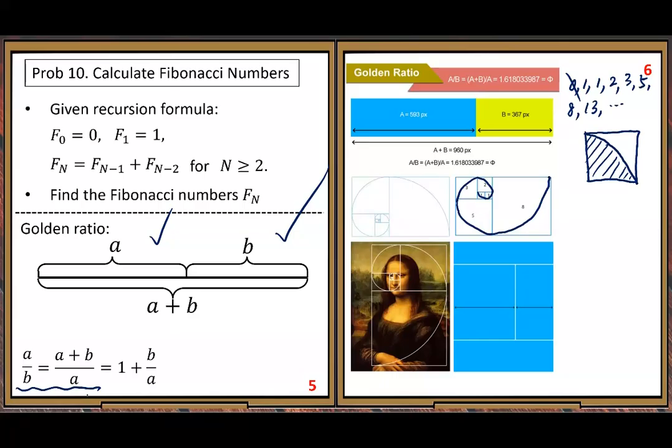Here, actually, if we look at the original question, we notice that the specific length for A and also the specific length for B are not very important.